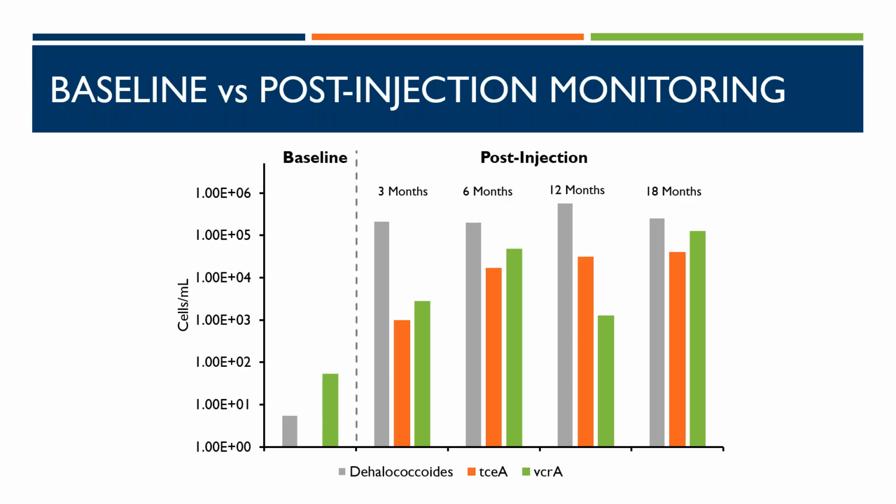Post-stimulation, Dehalococcoides and functional genes have increased by orders of magnitude and are about at that 10 to the 4 cells per milliliter mark that we know is important for efficient degradation of chlorinated solvents. We also see from continued monitoring that Dehalococcoides is still stimulated even 18 months post-injection, and therefore there's not a need to add additional electron donor at this time.